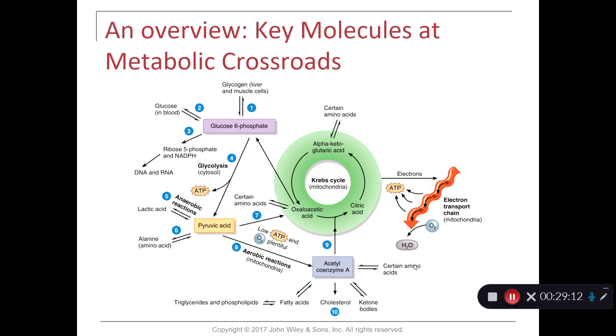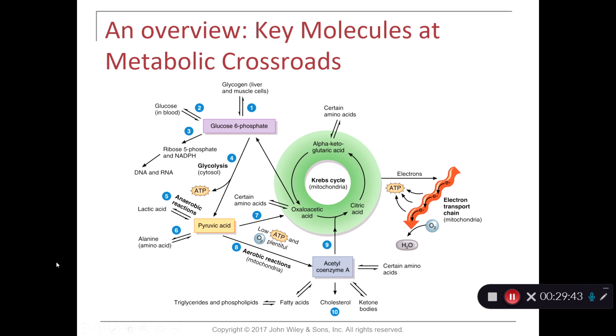So this is our last slide that'll summarize everything that we just talked about. Glycolysis over here. Glucose 6-phosphate: if you get glucose from the blood, it modifies it into glucose 6-phosphate. If you get it from glycogen, glycogen can be modified into glucose 6-phosphate, which can be inserted into glycolysis. Glycolysis makes pyruvic acid. If you do not have oxygen present, you go through some anaerobic reactions, fermentation primarily, which forms lactic acid.